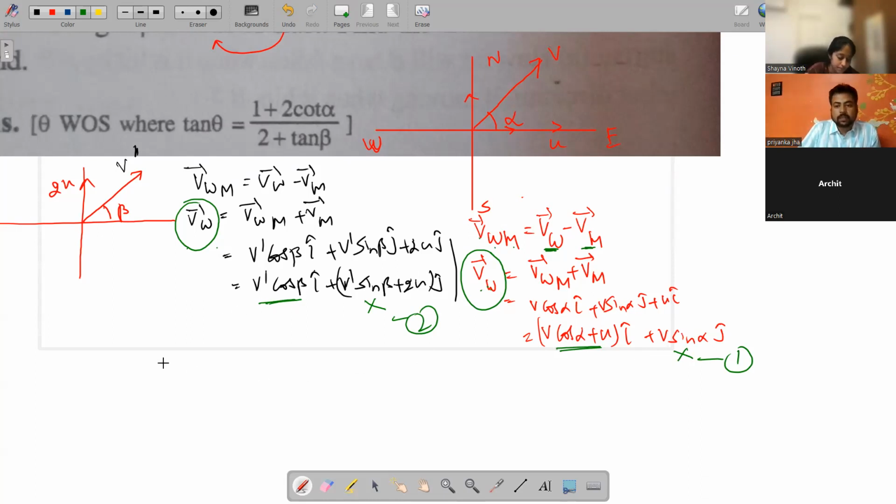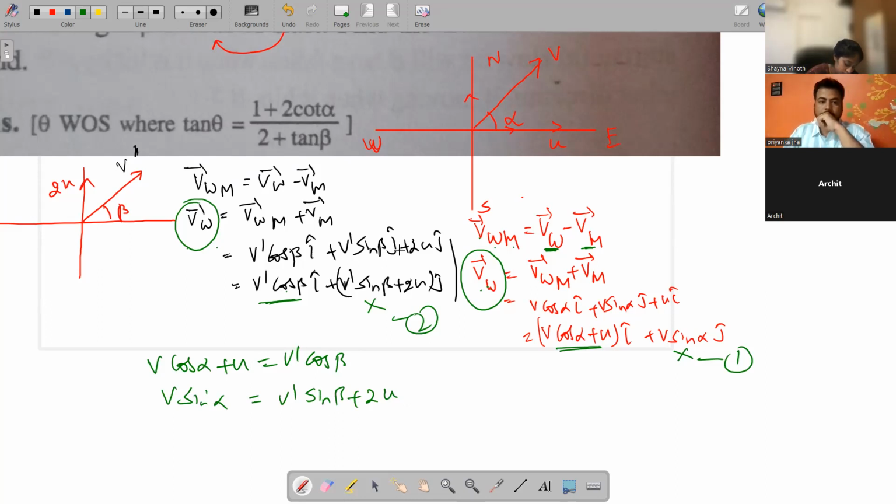Yes, sir. So from here, just compare the i component, that is V cos alpha plus U equals V dash cos beta, and V sin alpha must be equal to V dash sin beta plus 2U. Now, V and V dash are not known, so dividing them won't make them cancel.